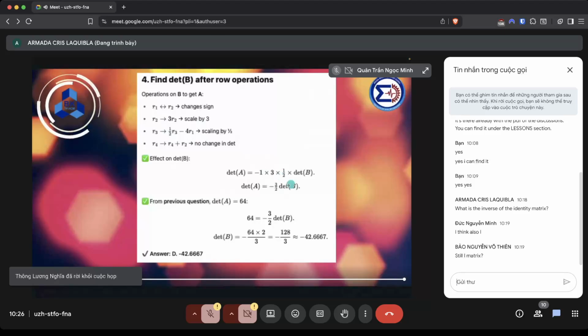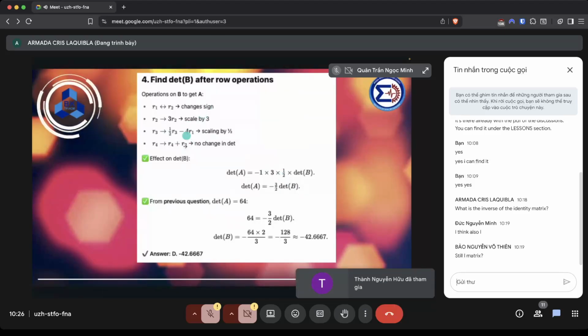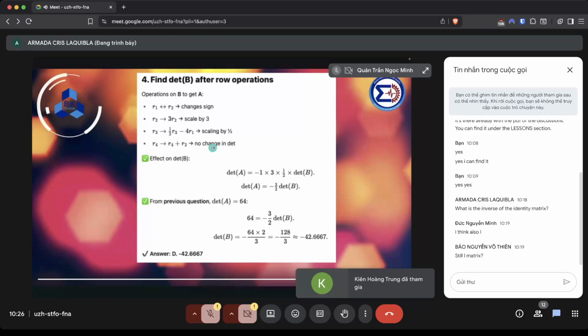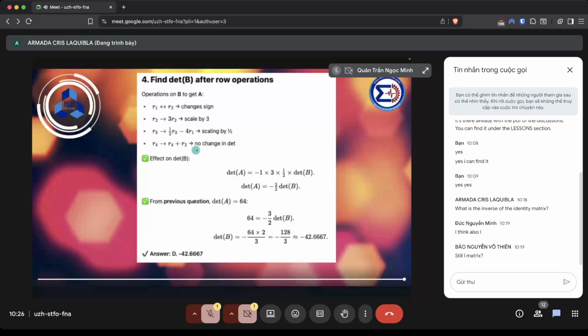So multiply this also with 1 half. Again, class, the minus and the plus will not change the determinant. Here, R4 only. So you only multiply it with 1. So no change in the determinant in the fourth change. Okay, so you only have negative 1 times 3 times 1 half. It's negative 3 over 2 determinant of B.